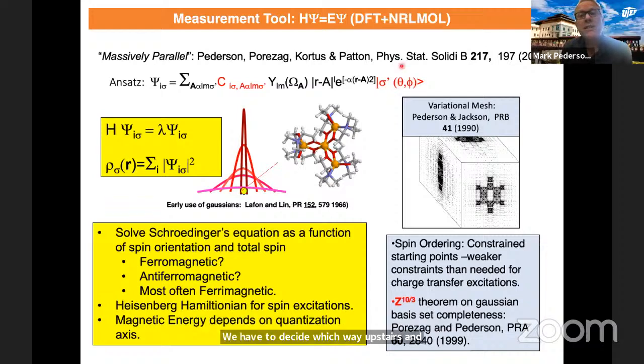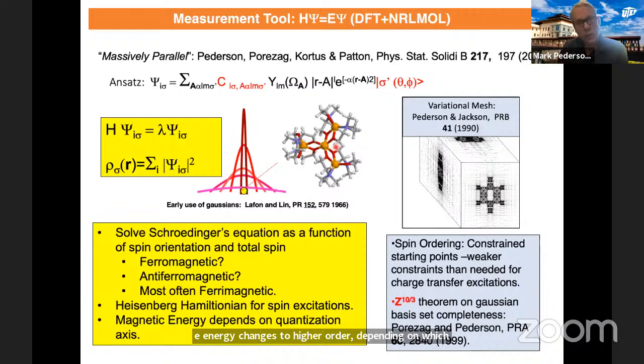Relative to the molecular geometry, we could define up as out of the page and down as into the page, or we could define up as right and down as left. And when we start putting in the spin-orbit interaction, that definition actually matters, and the energy changes to higher order depending on which axis of quantization we chose.